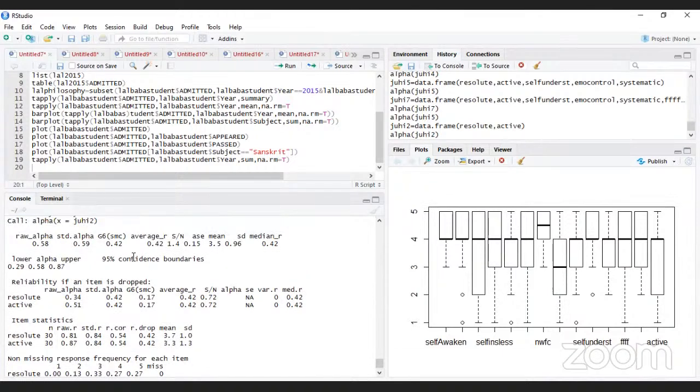Now you will find the standardized alpha is very low, 0.59. Okay, so what we have understood, that is the number of items is not the important factor. So what is the important factor? Item total correlation and inter-item correlation also.